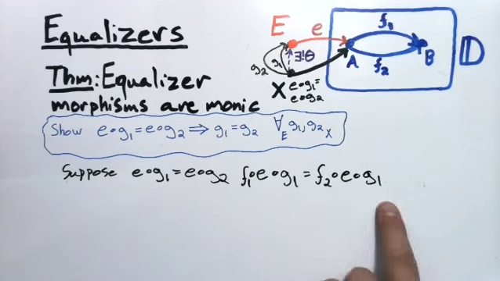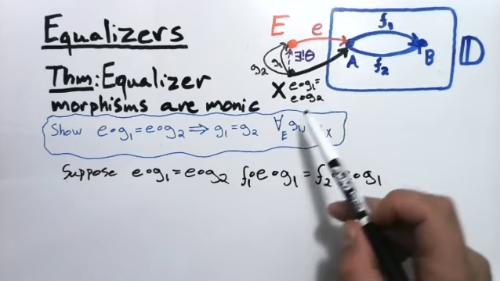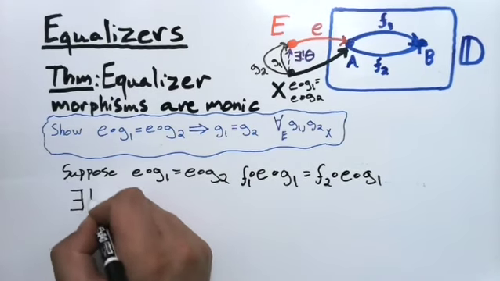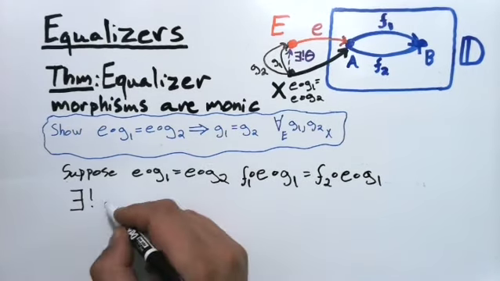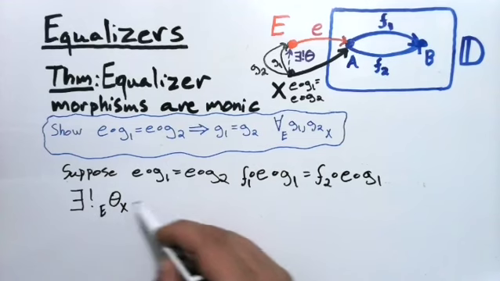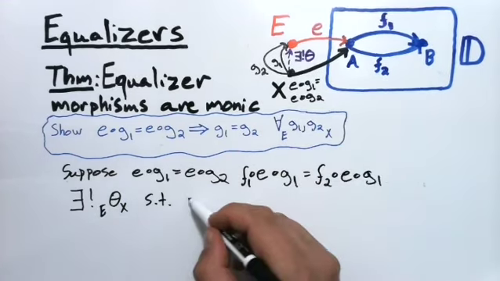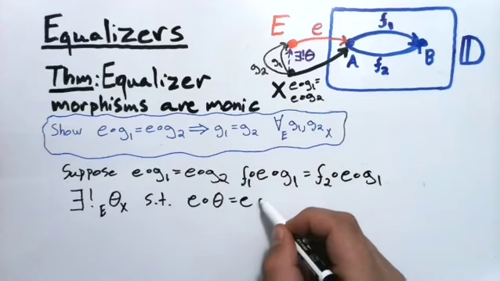So this E after G1 morphism here, which is the same as E after G2, forms the morphism in the cone over D. But then that means, because the equalizer is a limit, that we must have a unique mediating morphism, theta, going from X to E, such that E after theta is the same as E after G1.